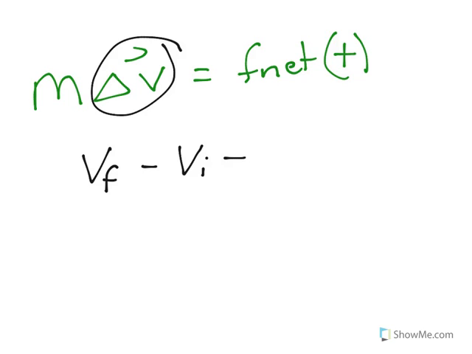Doing this in the right order will give you the right sign and it'll give you the right value. More importantly, it'll give you the right direction. You need to remember VF minus VI. The second you just say, oh, change of velocity, VI minus VF, it'll give you a different value and you'll get the question wrong. Alright, so you need to commit this to memory. Delta V is equal to VF minus VI.